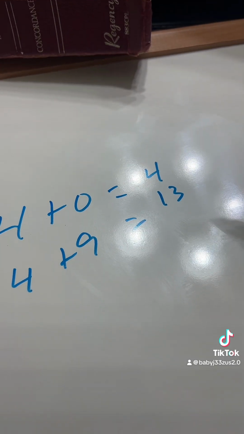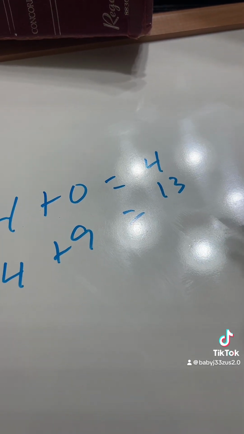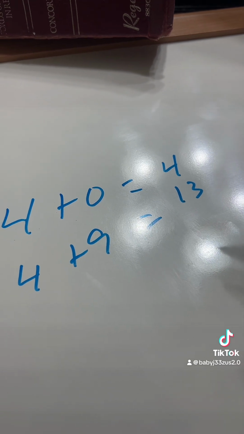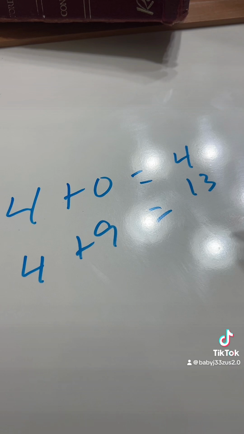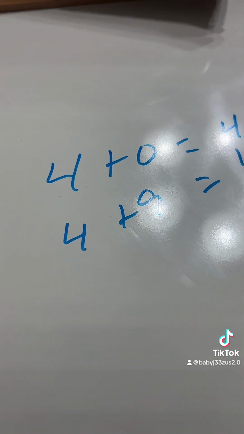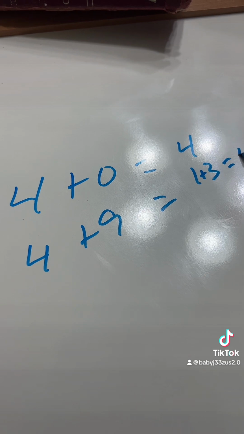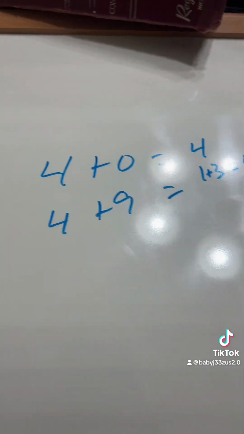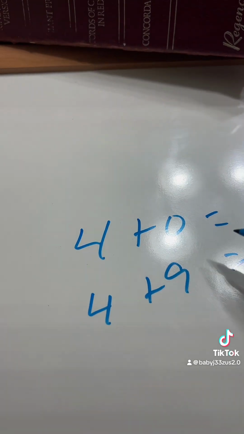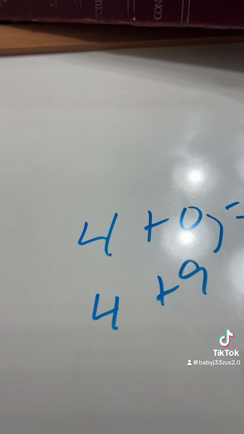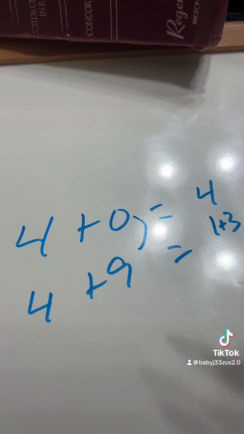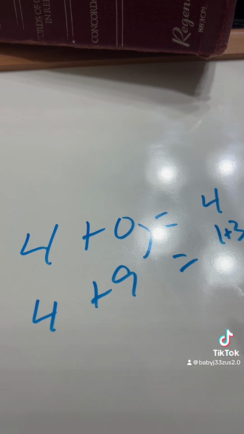Like I said, we're getting the number down to its digital root, so we got to make it single digit. You add on. So 1 plus 3, of course, equals 4. So as you can see, the 9 and the 0 pose as the same. 9 is just going to keep that number constant.